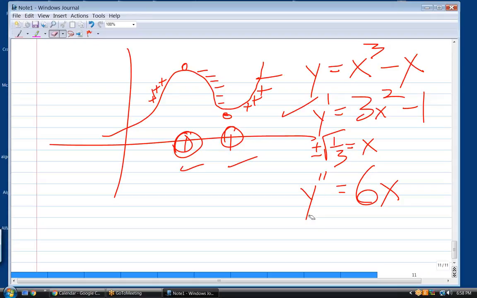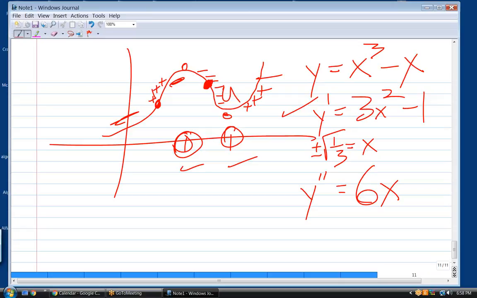And the other thing is the second derivative, wherever it's equal to 0, is the inflection point, which is the point between concavity. There's also an inflection point over here the way I drew it, because everywhere here is concave up, everywhere there is concave down until I hit this inflection point, and then I go concave up again.